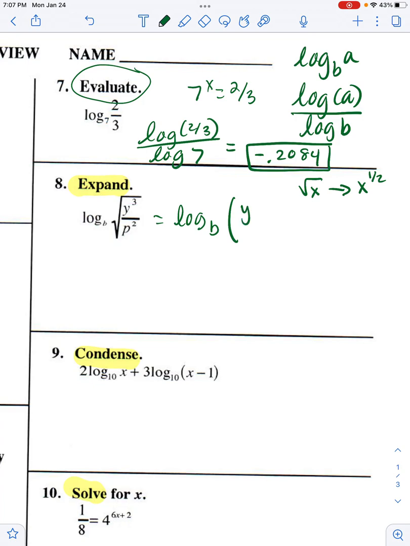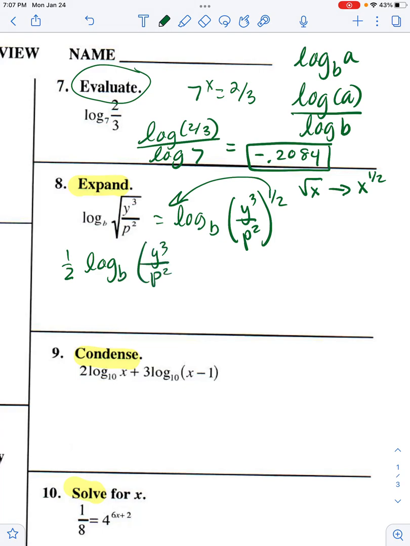So this is the same as asking log base b of y to the 3rd over p to the 2nd, all to the 1/2 power. It asks you to expand. So when you expand, you got to get that power down in front. That was one of our properties, the third property that you're supposed to know and probably have on your sheet. So I'd have the 1/2 out in front.